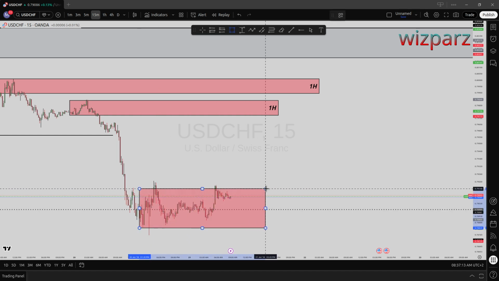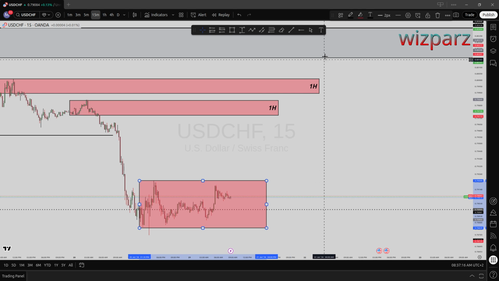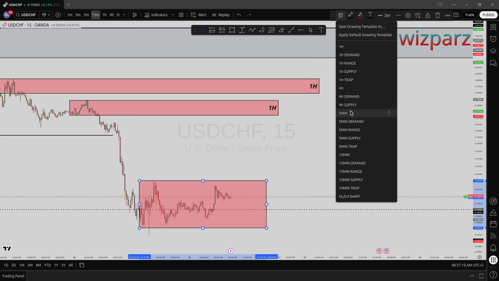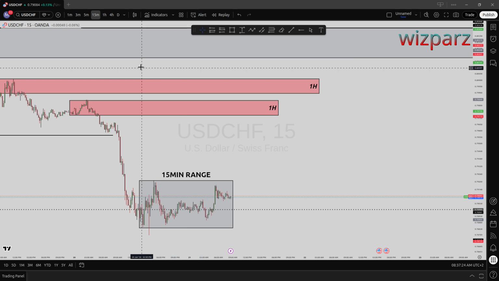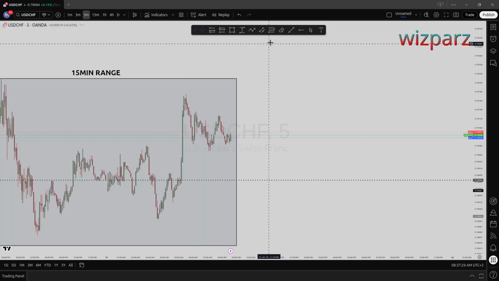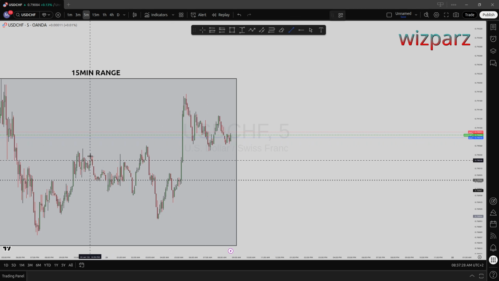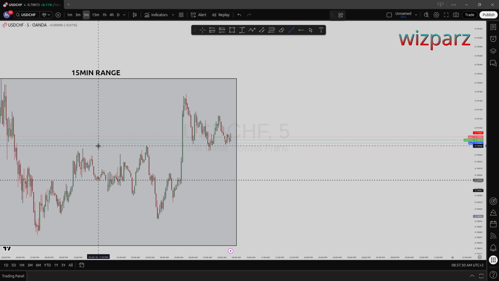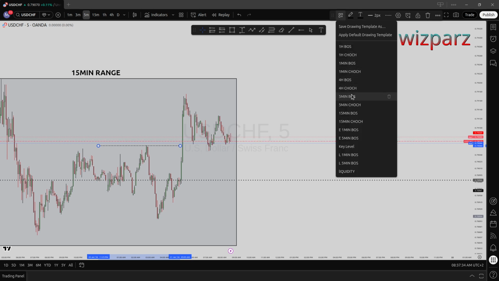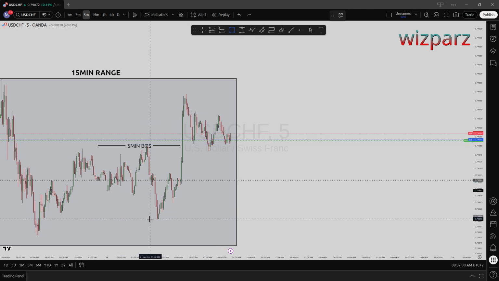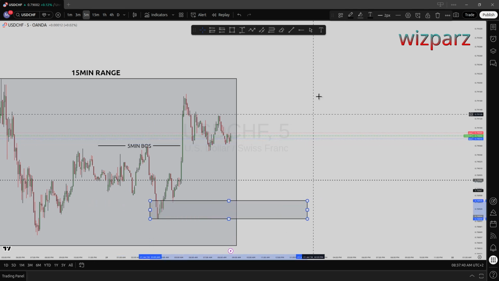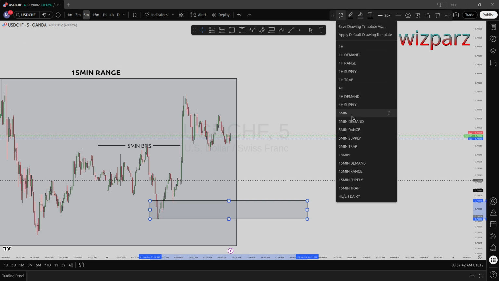All dollar pairs are in consolidation. You can see price is in a range on the 15 minutes, and if you go to the 5 minutes, we can clearly see that the market is making higher high and higher low. This is a 5 minute reversal. Then this is the last zone which is ready to break structure to the upside.